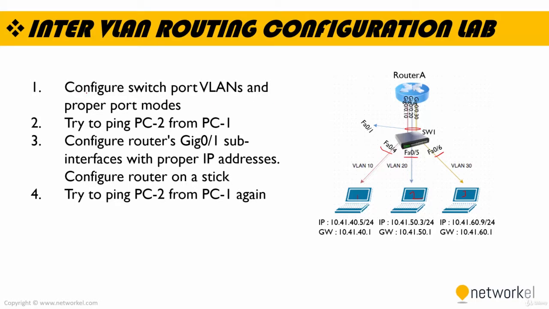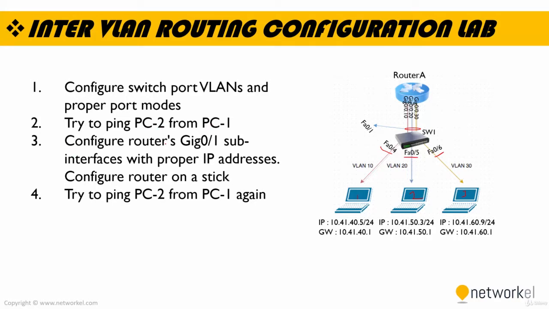So first, configure switch port VLANs and proper port modes. I understand that VLANs are not created, so they need to be created. Second, try to ping PC2 from PC1.